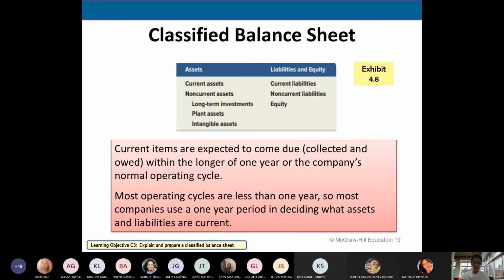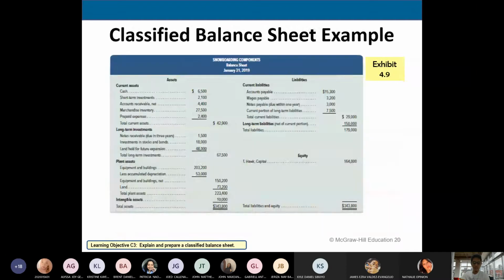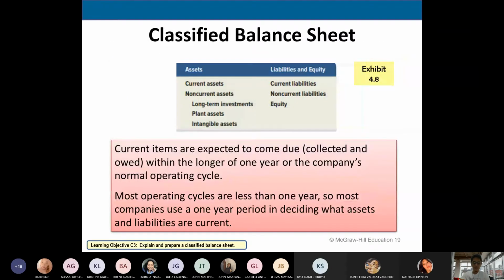Pag ang item na yun will be collected longer than the operating cycle of the entity or longer than 1 year, ang classification natin sa asset na yun is non-current. So for example, meron kang receivable sa isang company, no? December 31, 2020 ang cut-off mo.